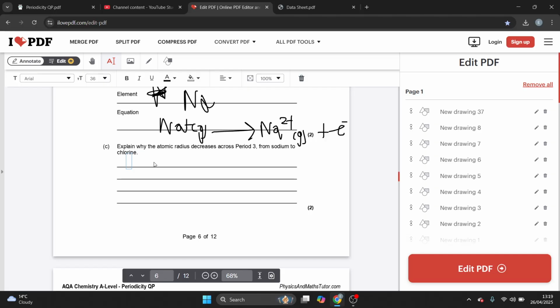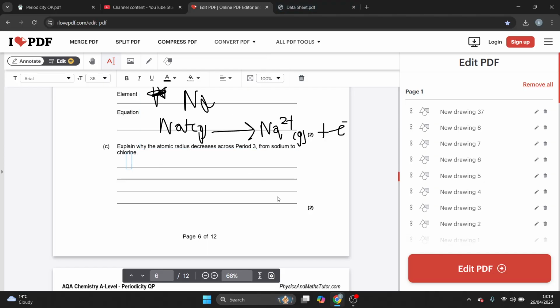The atomic radius decreases across the period from sodium to chlorine, while first ionization energy increases across the period. Sodium has the largest atomic radius. Chlorine has the smallest atomic radius. But why?